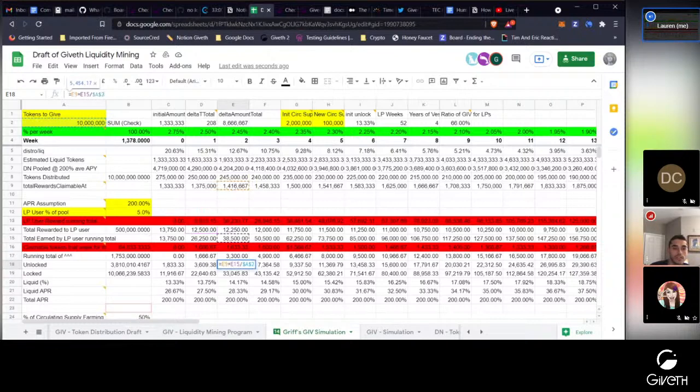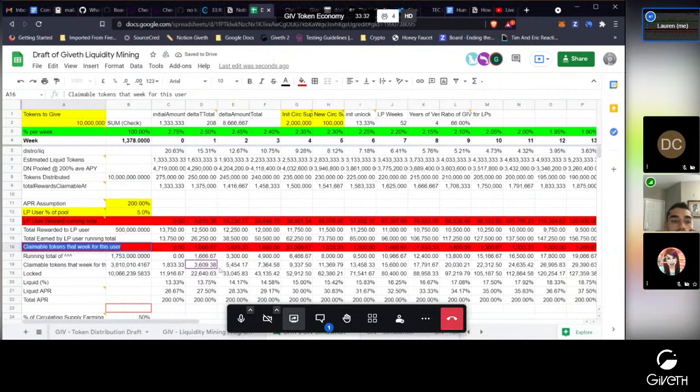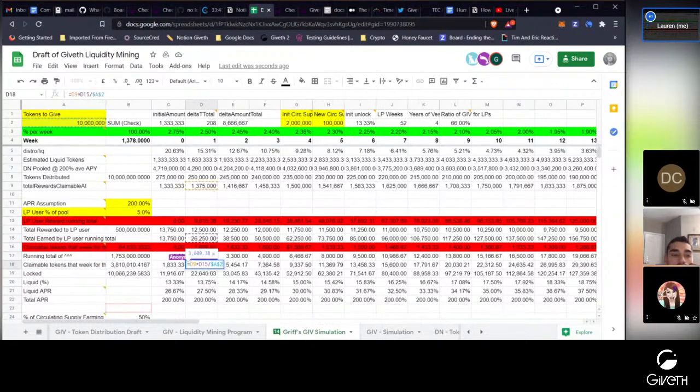E9, total rewards claimable. Total earned. Yeah. Okay, so this is like a better unlocked. Okay, so these are the actual claimable tokens. This previous one is used to calculate this one. Okay.